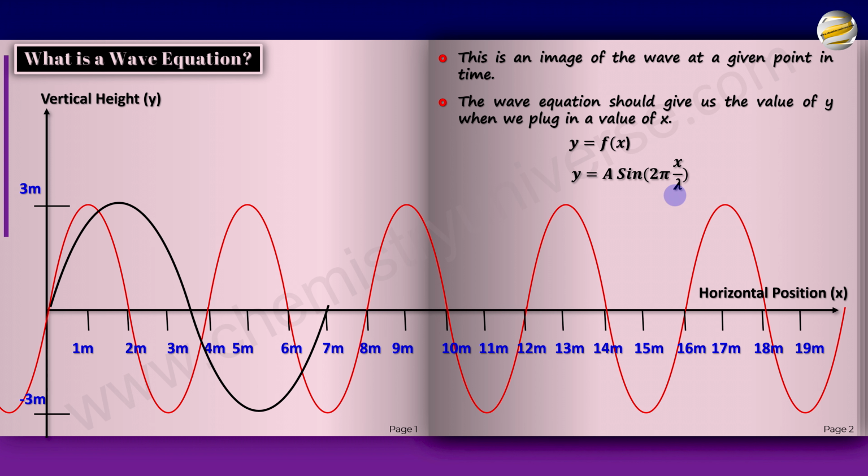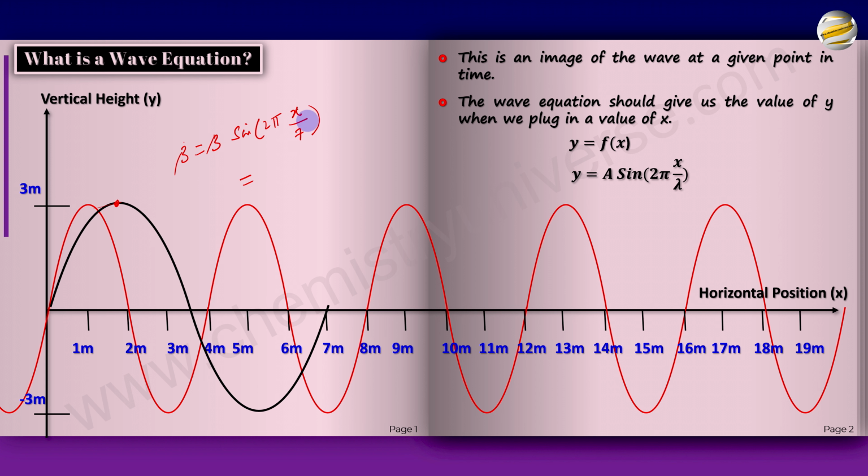Let's check. Let's find the reverse thing. Now, I want to know, and I've tried to keep the amplitude same. So this amplitude is still 3. So I want to know at what position of x is the amplitude maximum, 3. So y I know is already 3, and A is also 3, sine 2 pi. And remember, right now I want to find the value of x for which the y value is 3. So I'll keep x as the variable. Lambda, as you can see, is 7 meters. And here you will get 3 gets cancelled.